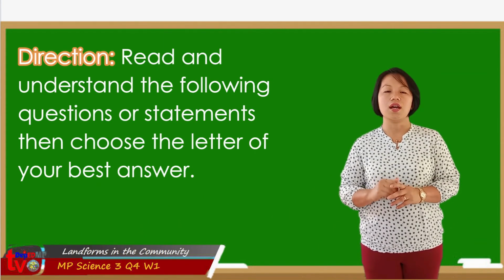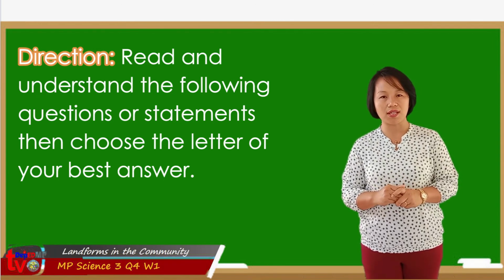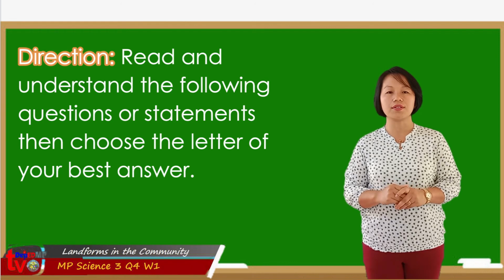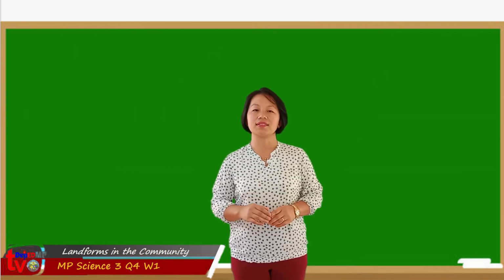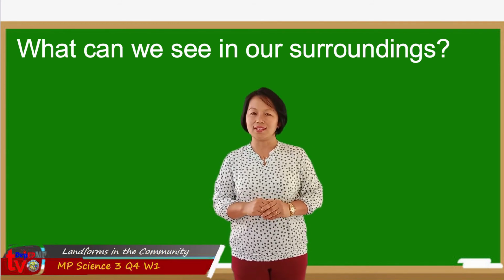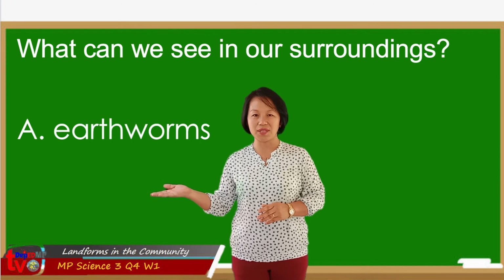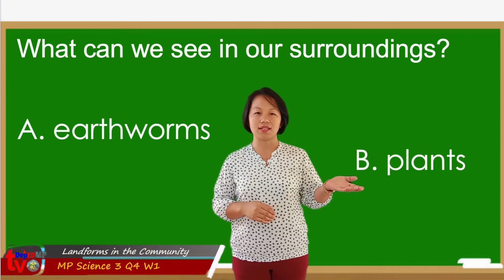Direction. Read and understand the following questions or statements, then choose the letter of your best answer. Example. What can we see in our surroundings? Letter A, earthworms. Letter B, plants.